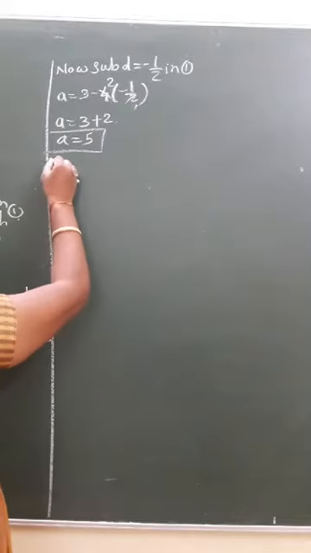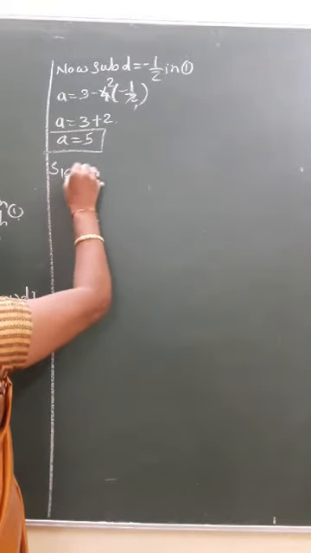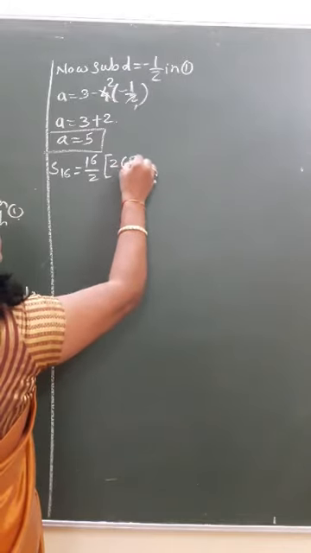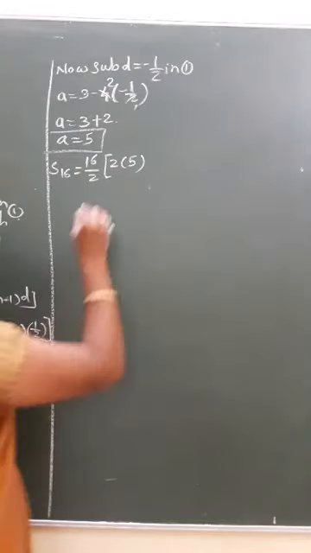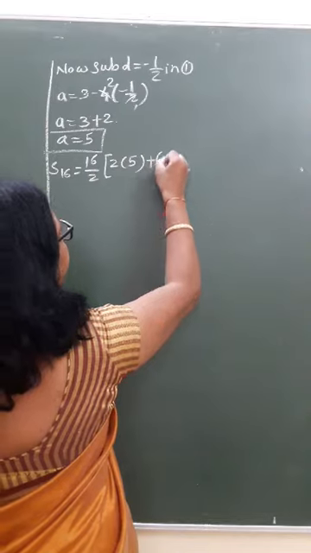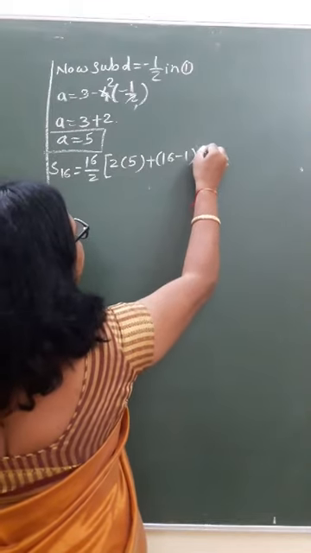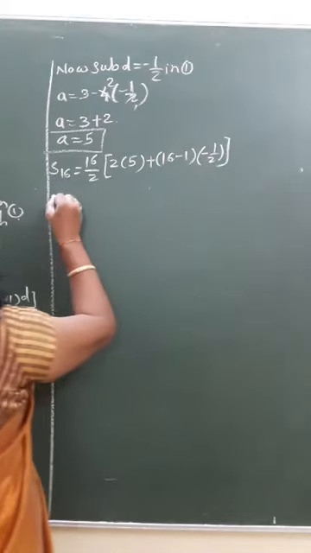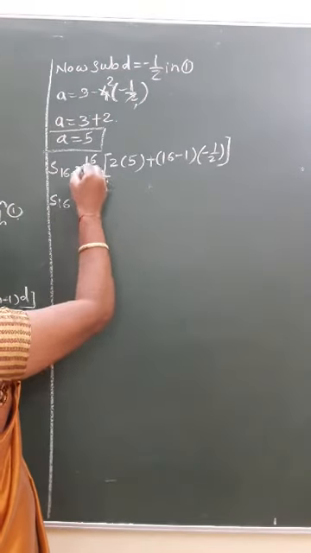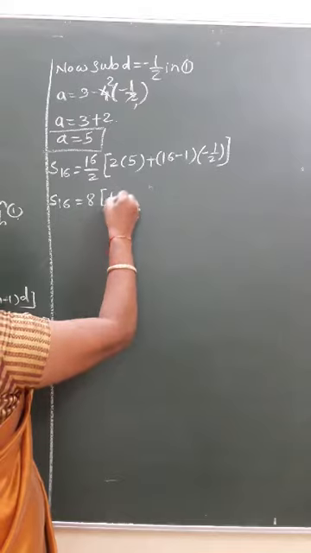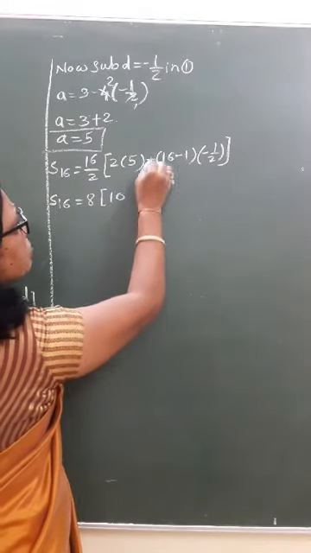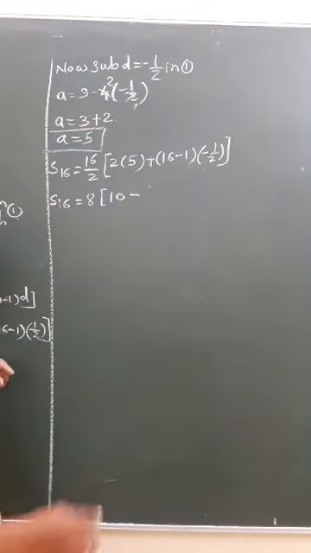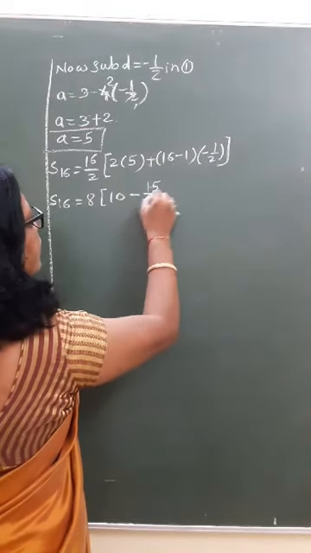the first term is 5. Now we will find S16, which is equal to 16 by 2, but in that case we have to use the first term 5 plus n minus 1, that is 16 minus 1, and the value of D is minus 1 by 2. Okay. So S16 is equal to 8 into 5 2s are 10, and plus into minus is a minus, because 16 minus 1 is 15, so we get 15 by 2.